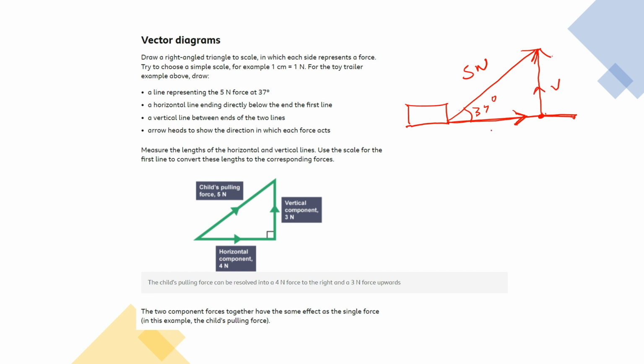This is the vertical component and this is the horizontal component. Now you can ask, why can the horizontal component not be drawn the other way, like this? The answer is yes, you can.